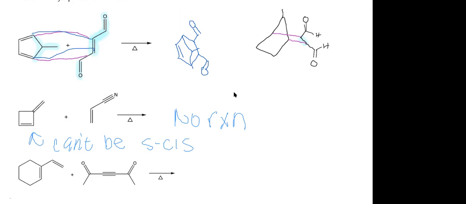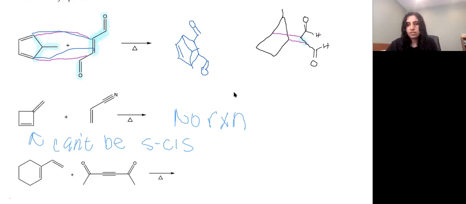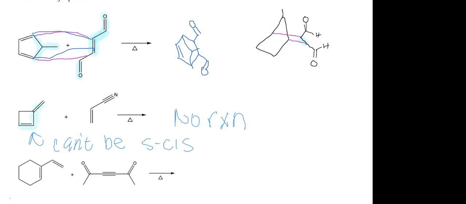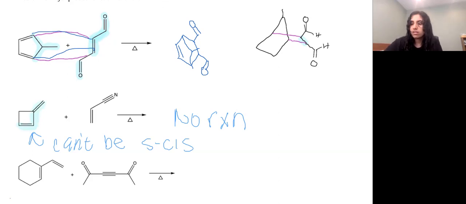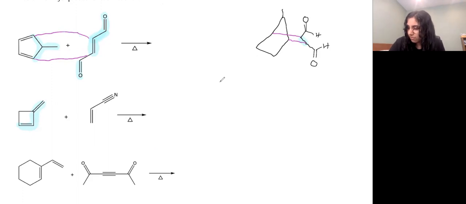And Madison is right. There's no reaction in the second one, because the diene has to be s-cis to react in Diels-Alder. This is s-trans, and s-trans just doesn't react. And since it's in a ring, it can't rotate from s-trans to s-cis.